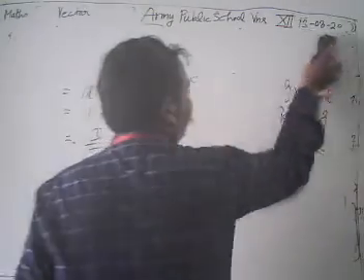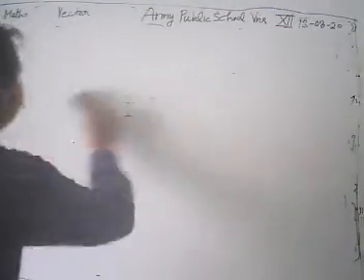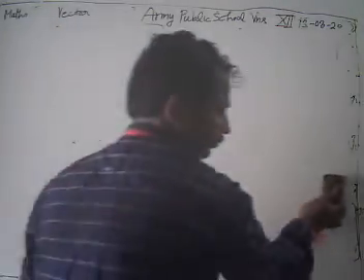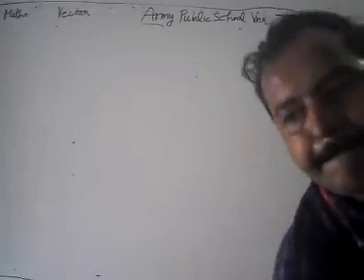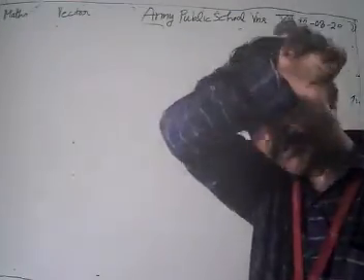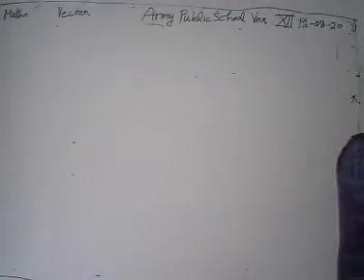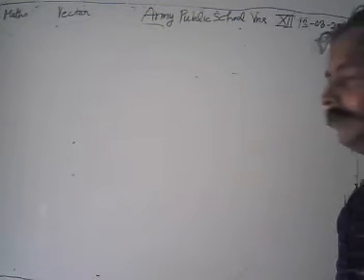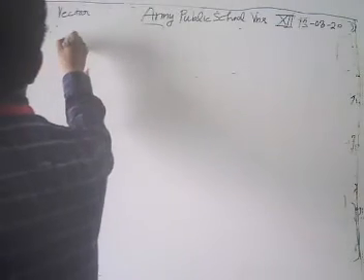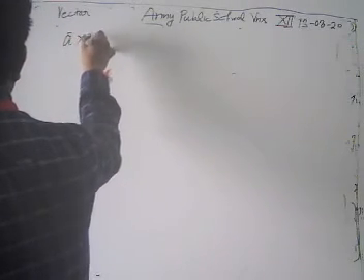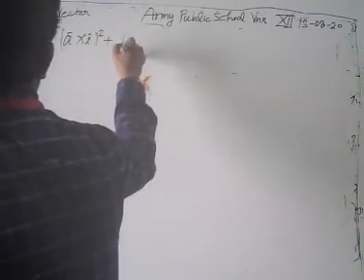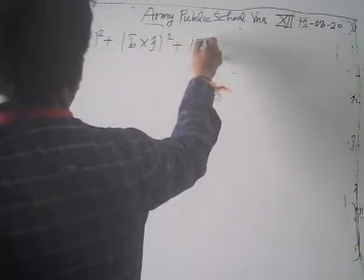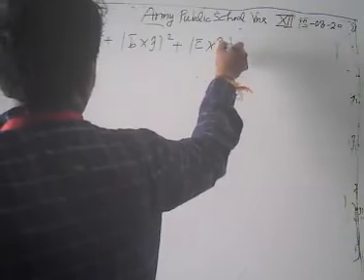Now look, again we are going to take the next problem. We have to find the value of (vector A cross i cap) whole square plus (vector B cross j cap) whole square plus (vector C cross k cap) whole square.